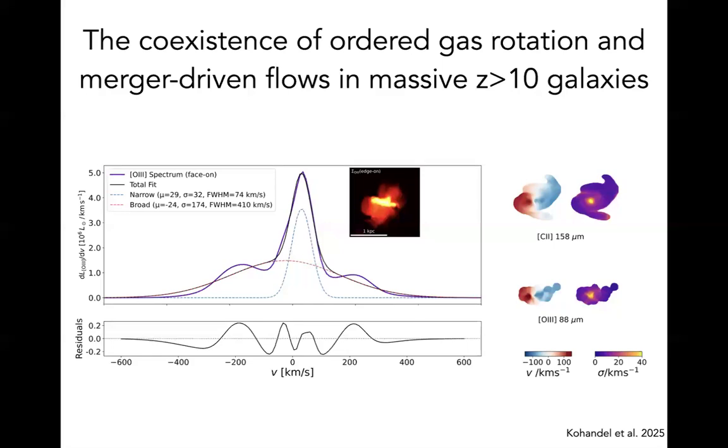And rotation, especially if you don't have the inclination correct, can mess up quantities, for instance outflow rates, all these properties. For instance, here I'm showing narrow and broad components with different velocities, but this can be very complicated. So we have to care about this even at a redshift larger than 10.